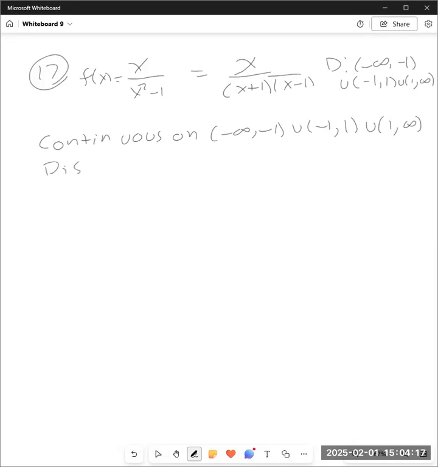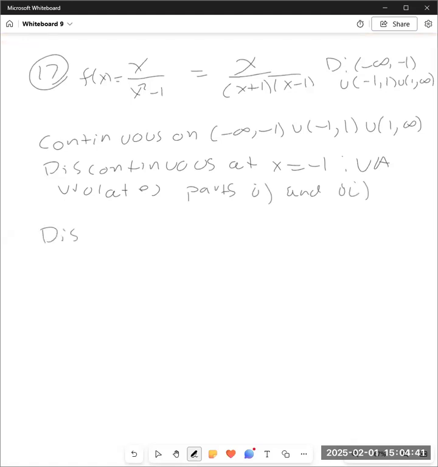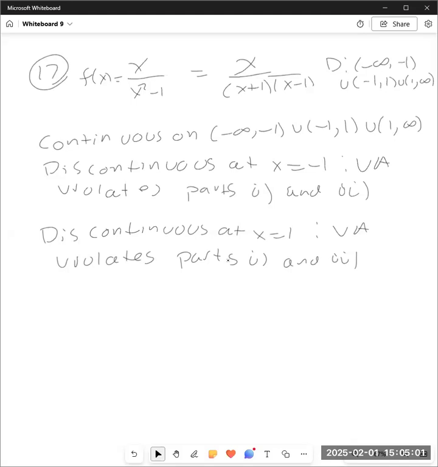It's discontinuous at x equals -1 because of a vertical asymptote, and that violates parts 1 and 2 of the definition, and discontinuous at x equals 1 because it's also a vertical asymptote, and that also violates parts 1 and 2 of the definition. Let's move on now to question number 21.